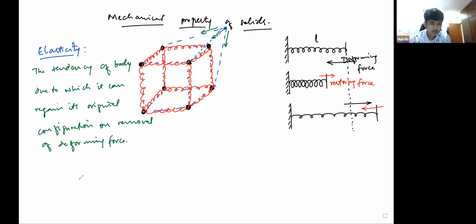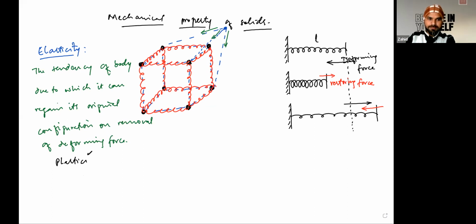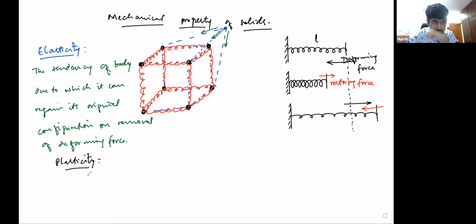There is another property which is opposite to elasticity, called plasticity. If a deforming force is applied on an object and it doesn't have the ability to regain its original state on removal of the deforming force, this inability of the object is called plasticity. Is it clear? Yes, sir.